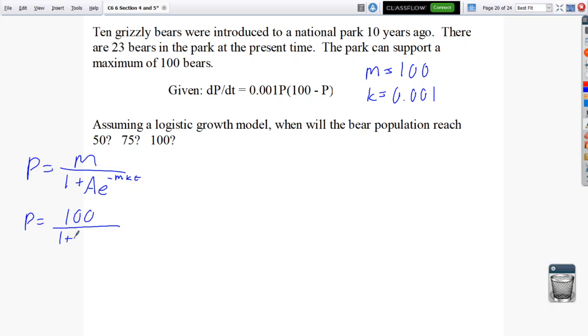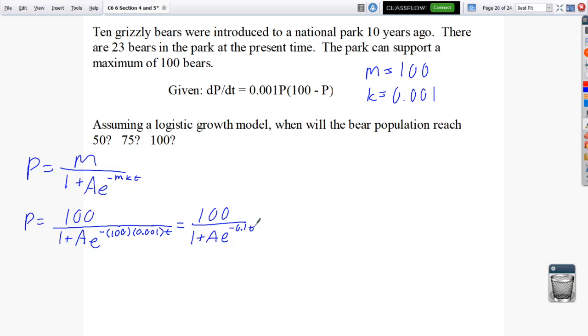I don't know that condition yet, so I'm going to leave it as A. E to the negative M, 100, k. k was 0.001, 0.001 t. I'm going to simplify that a little bit. 100 times 0.001, I believe, gives me 0.1. So P equals 100 over 1 plus A e to the negative 0.1t.